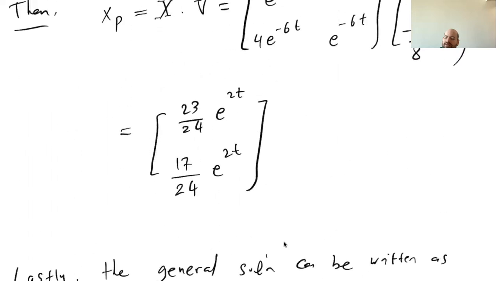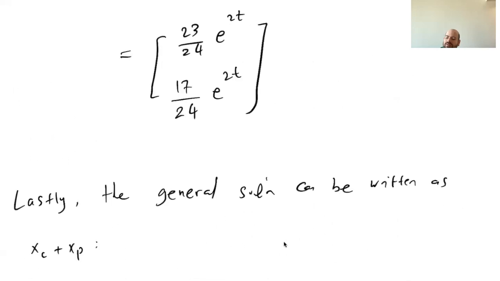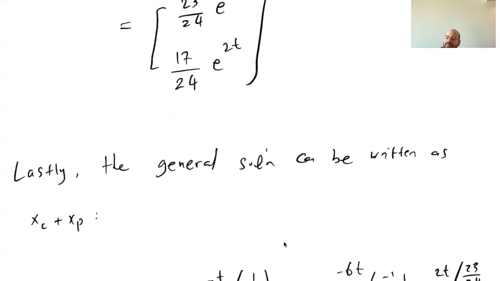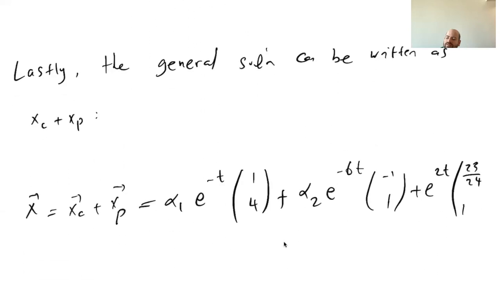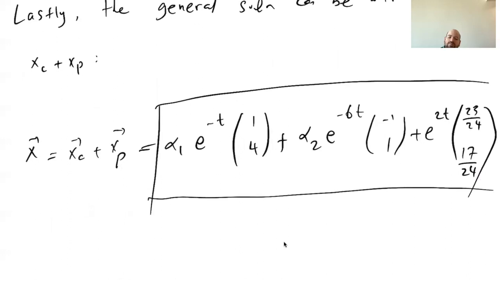And then X_p is this matrix, and I can take e to the power 2t out. If I take e to the power 2t out, the resulting vector will be 23 over 24, 17 over 24. So this is the final answer. This is the general solution of our non-homogeneous system.